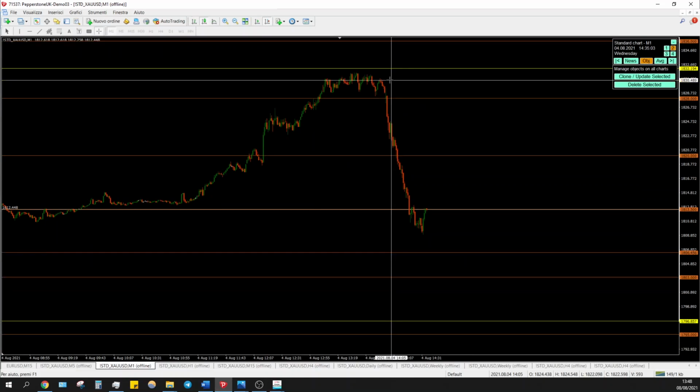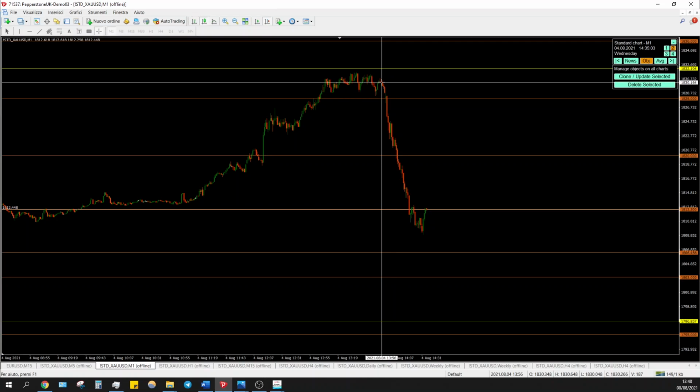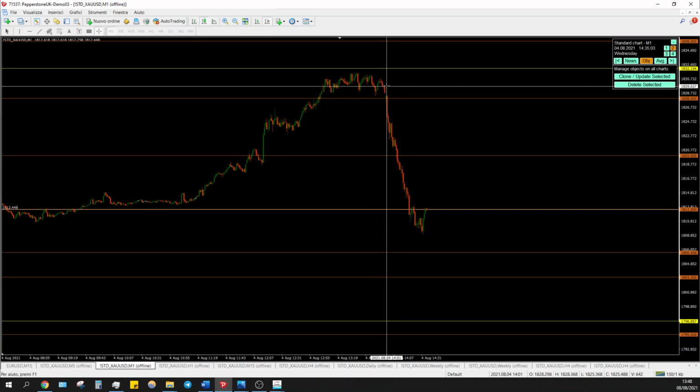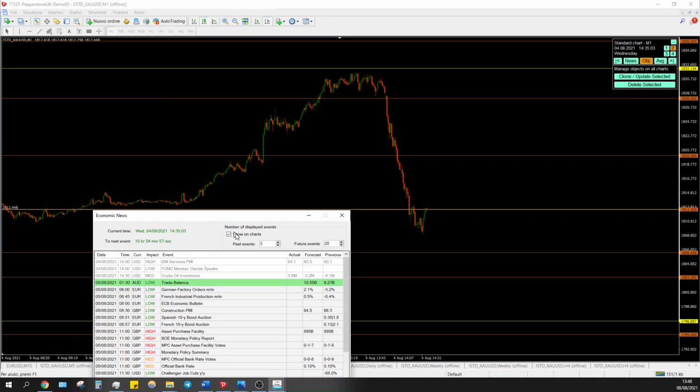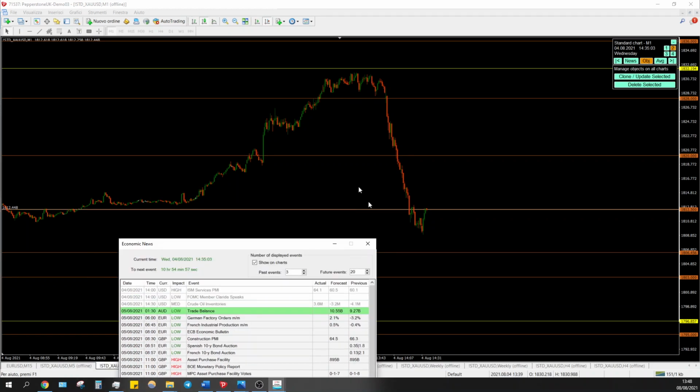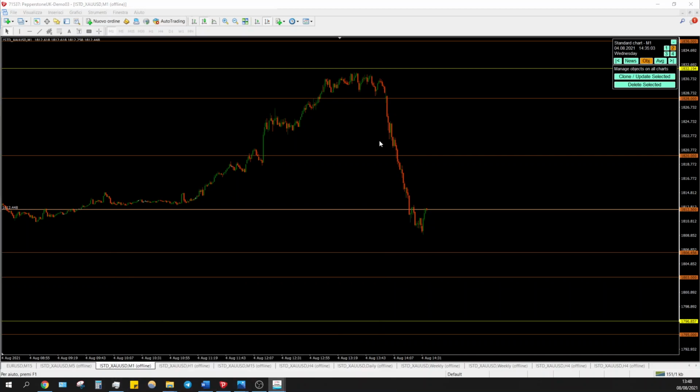We also got some good data, like the ISM service PMI, which was positive, as you can see. So they took it as an excuse to sell off everything. And we move on towards our Thursday.